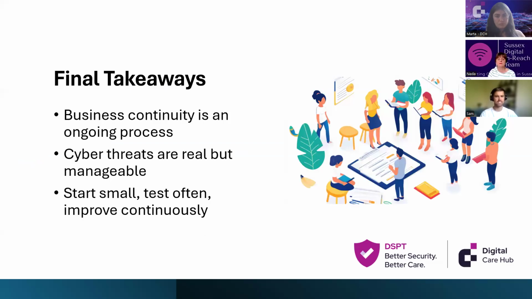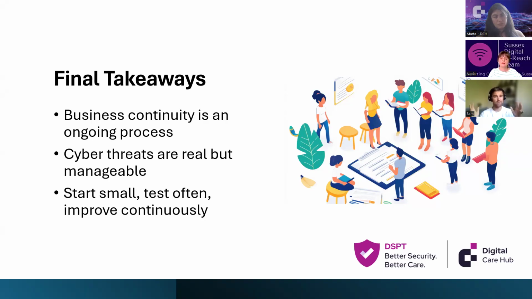So the final takeaways today is, as I said right at the beginning, business continuity plan is not just a one and done project. It is a living, breathing document. That's how you should treat it. You should be constantly refining it, and implementing it and enforcing it and ensuring that it works, because it will give you the maximum security, compliance, and protection.